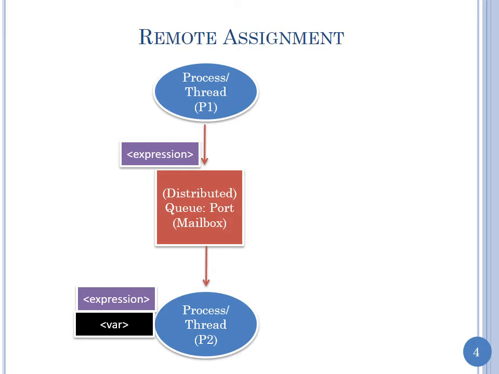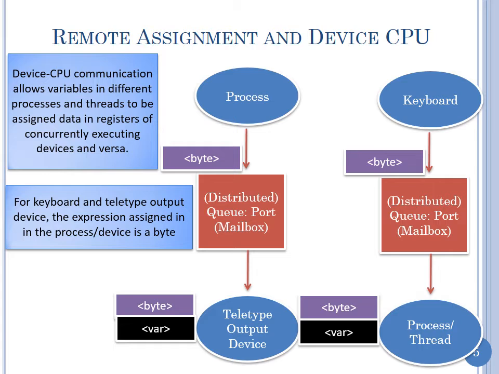And a reminder, remote assignment is a special form of IPC where the sending process or thread sends an expression which gets assigned to some variable in the receiving process or thread. And we looked at device and CPU communication, which is not quite inter-process communication, but it's still communication among autonomous engines working at their own pace.